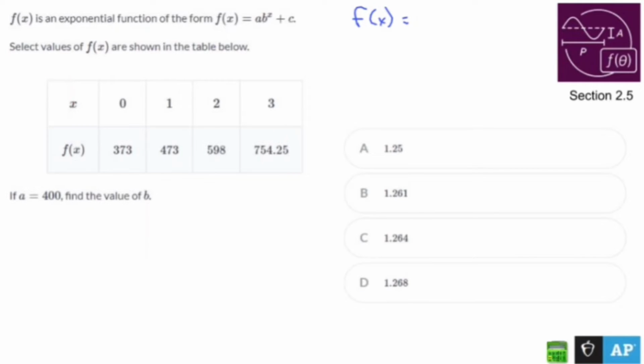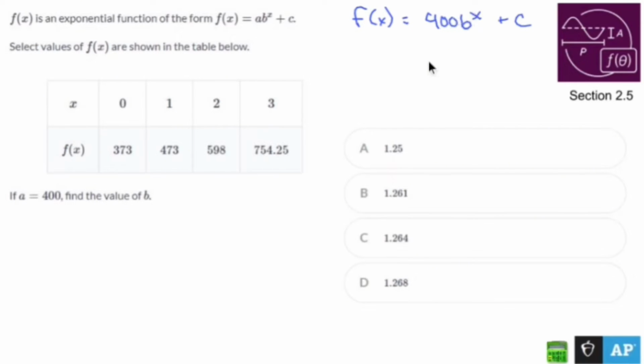I wasn't thinking. 400 B to the x plus C, which is, I don't know. What I do know is if I plug in 0, that's going to make this part go away and become 1. So I need to find whatever C makes this work.